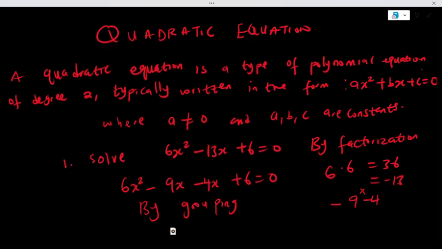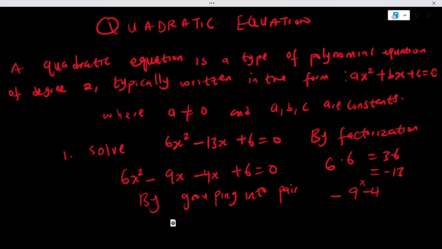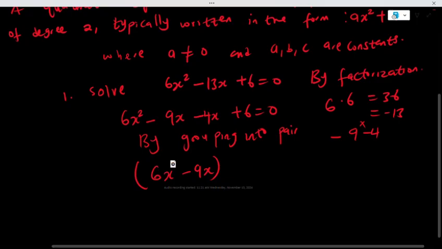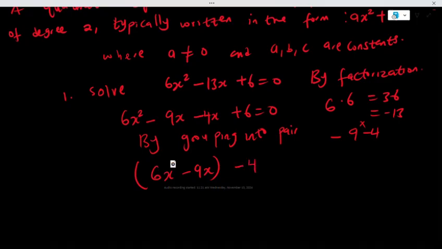So we group 6x squared minus 9x, then we have minus 4x plus 6.